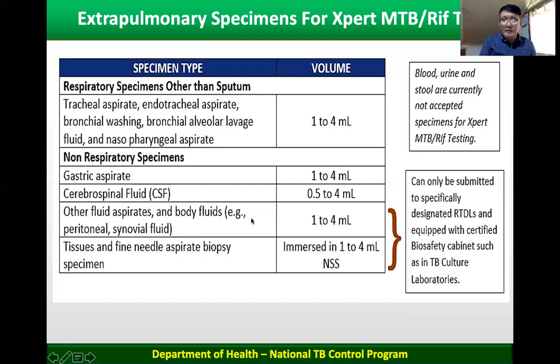Although this specimen is acceptable for GeneXpert tests, this type of specimen can only be done specifically in a designated rapid TB diagnostic laboratory with certified biosafety cabinet, such as in TB culture laboratories.